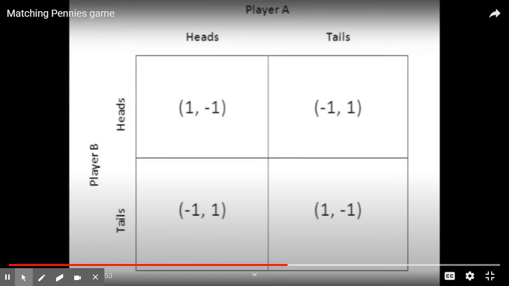So he will choose the head. And whenever player A chooses tail, he also has two options, head and tail, and in this case he will choose tail. So in this case player B also doesn't have any dominant strategy.